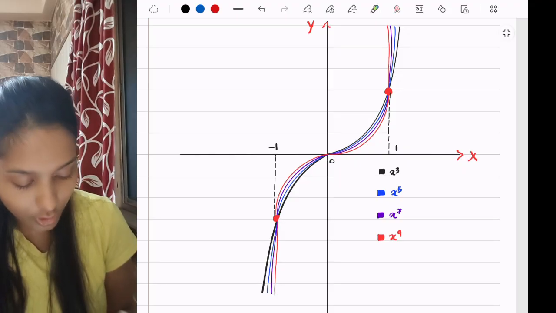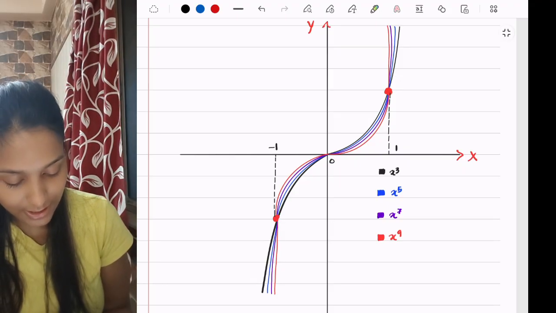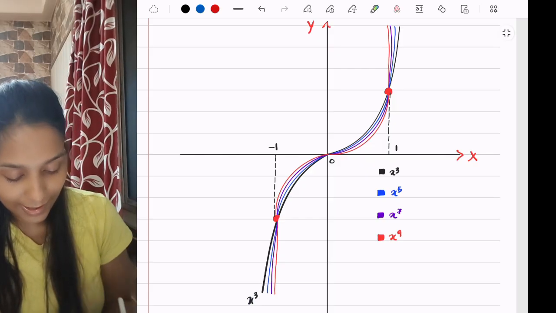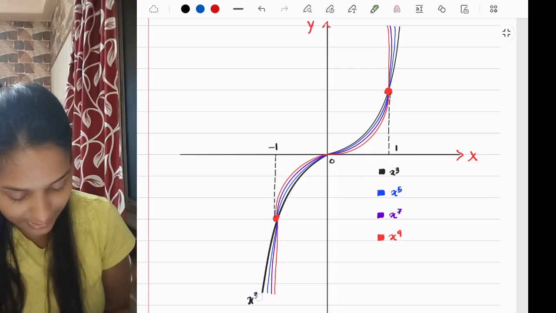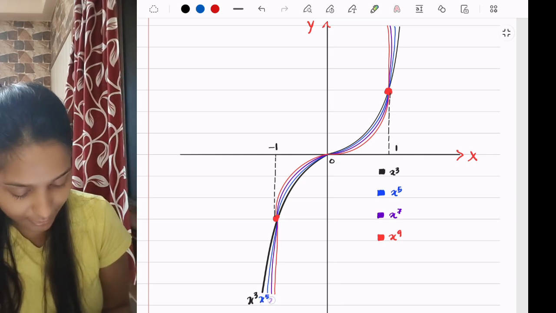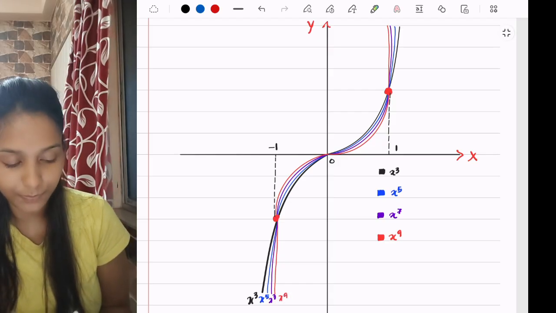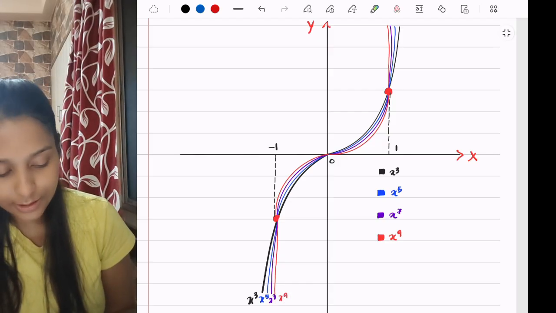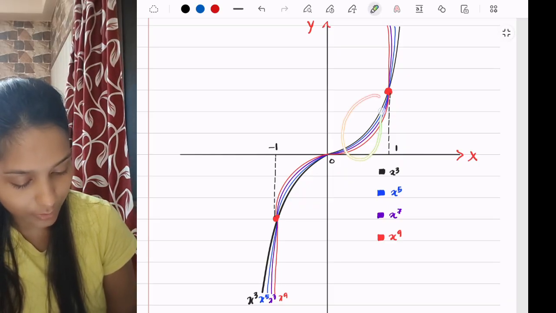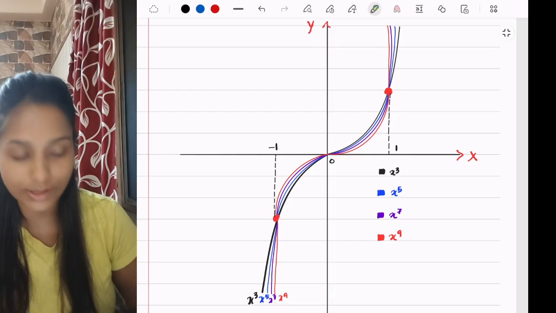Here the black colored function is the x cube function which we have already plotted, and this one is the x power 5 function, next is the x power 7 function, and lastly the x power 9 function. In the interval 0 to 1, we can see that the red curve is at the lowest.